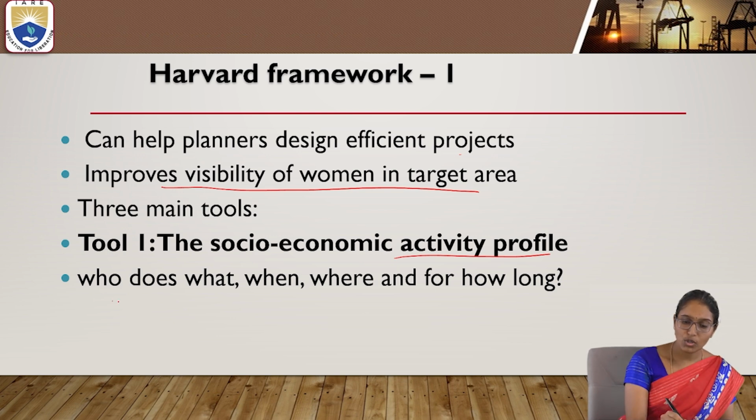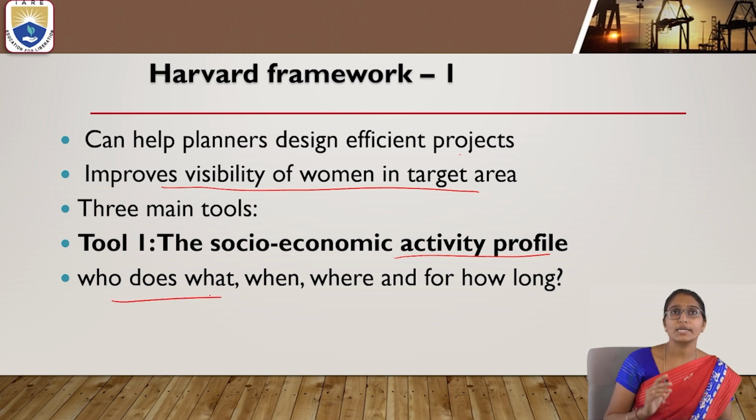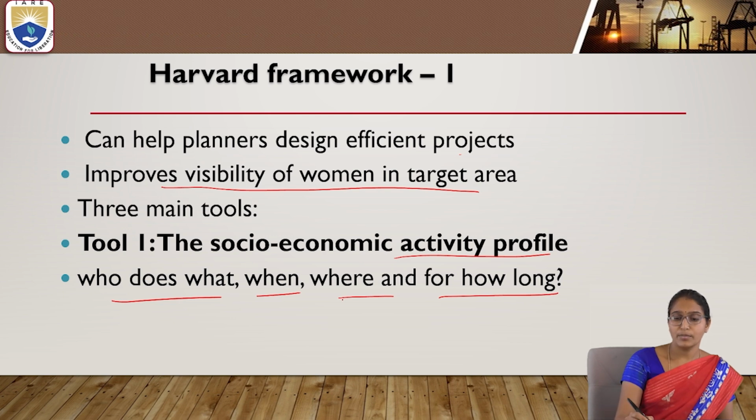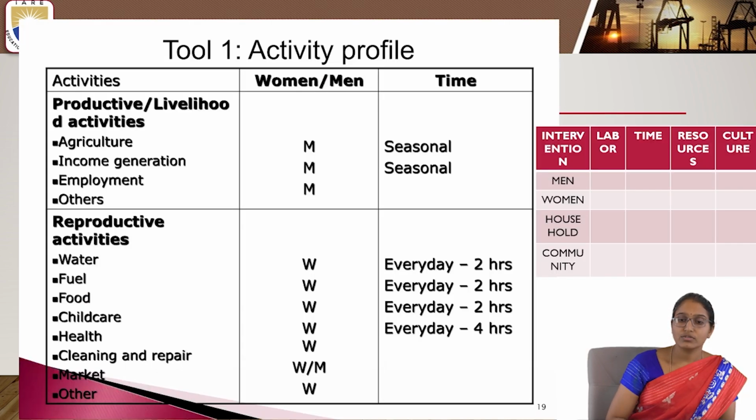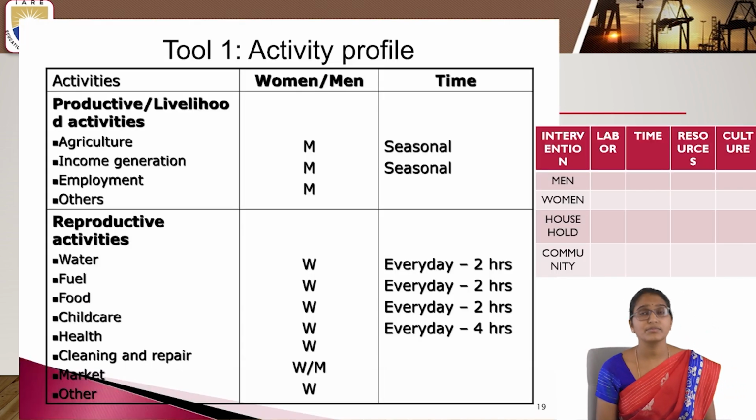It includes who does what, what kind of people are doing what, when they are doing, where they are doing, and for how long, the time, place, area, and what is the role. Based on the gender roles and all these factors, this tool one, the activity profile, is carried out. We have discussed this already in the previous class.